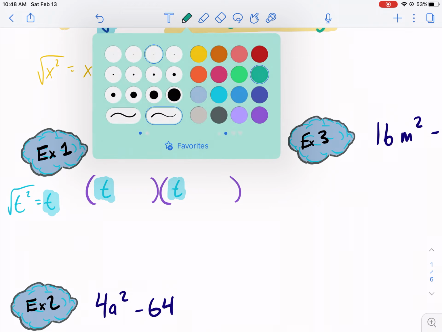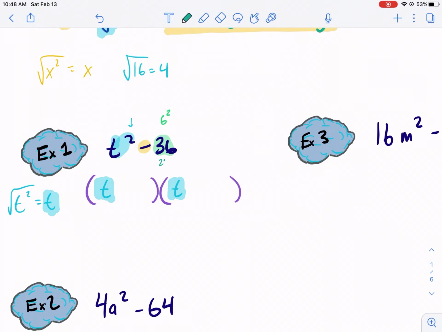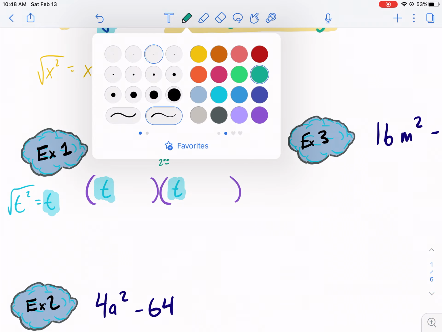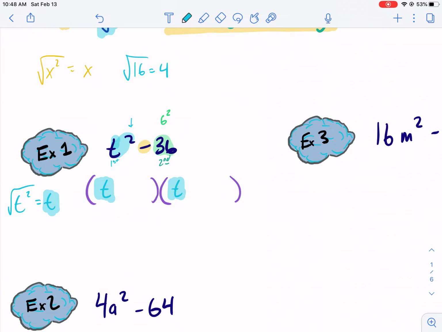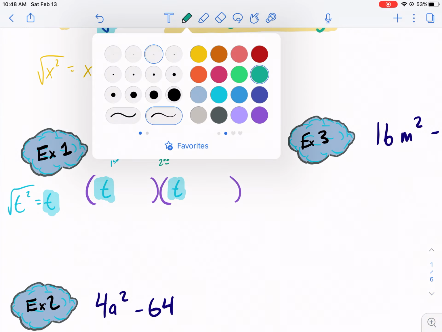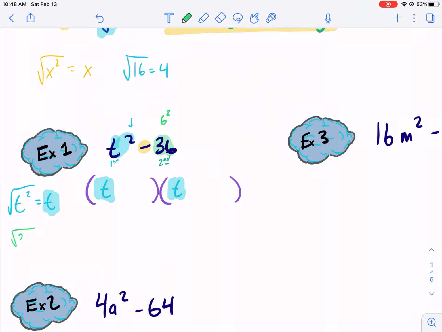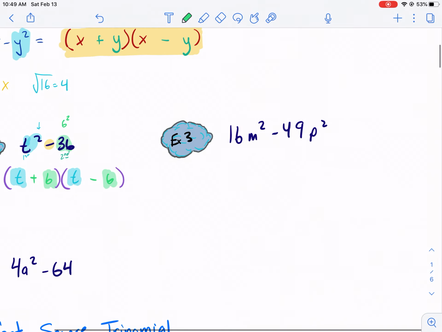Then we take the square root of the second term, the square root of 36, and that is 6. We put that 6 here and here. Second term goes in the second slot. And we make one positive and one negative. It doesn't matter if the first one's positive and the second one's negative, or the first one's negative and the second one's positive, but that's how we do it.